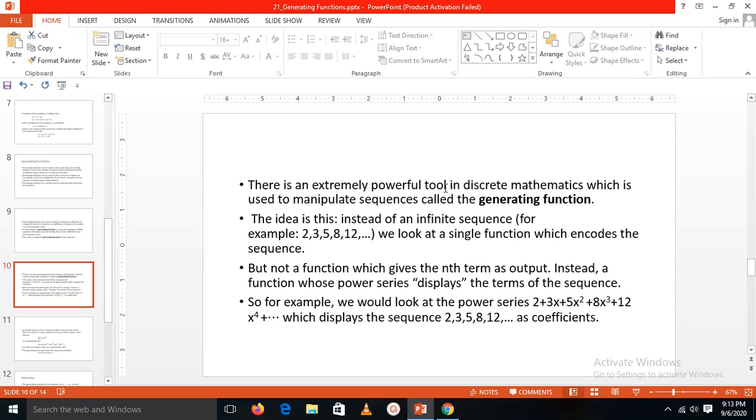So instead, a function whose power series displays the terms of the sequence. For example, suppose there is a power series 2 plus 3x plus 5x square plus 8x cube plus 12x raised to 4, which displays the sequence 2, 3, 5, 8, 12 as its coefficients.